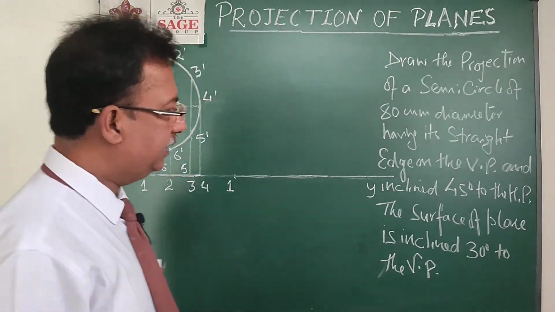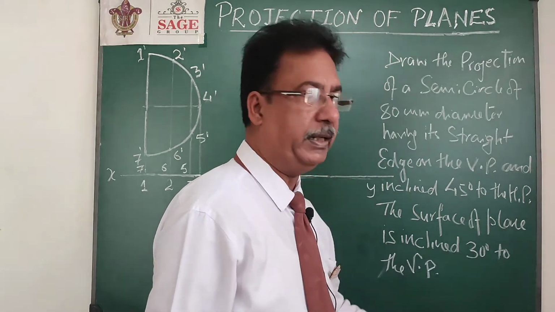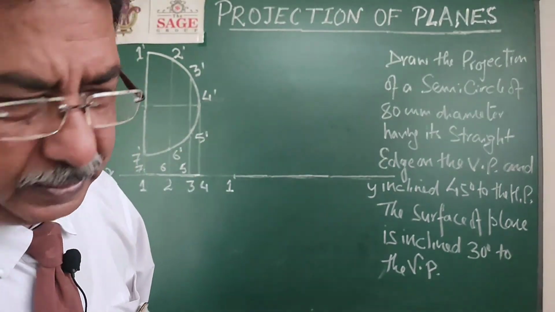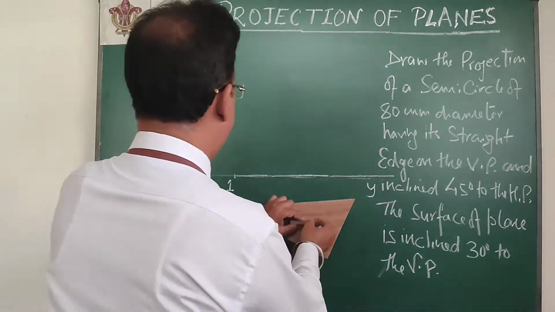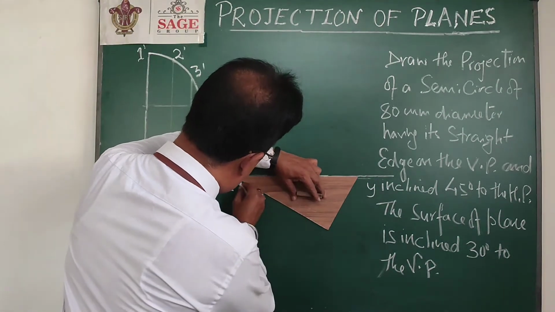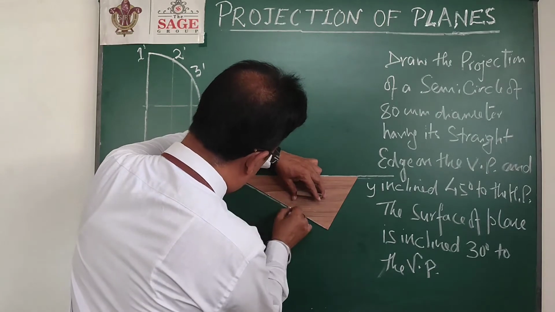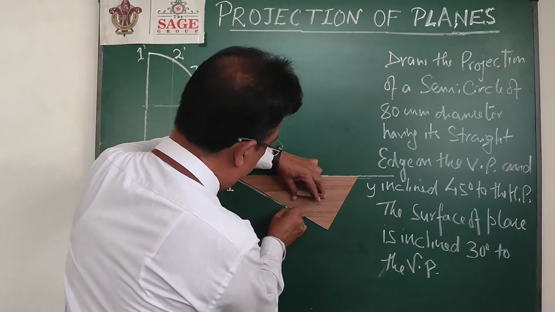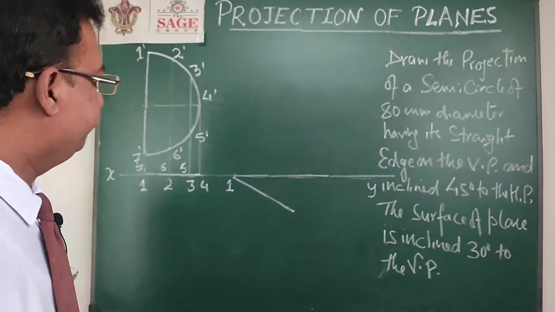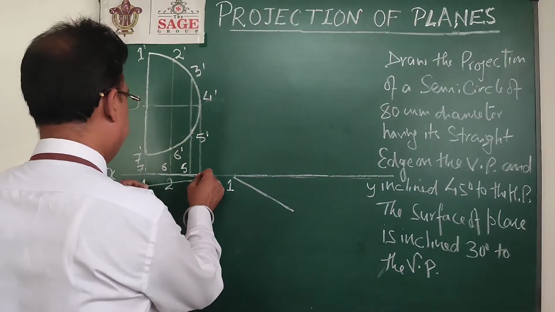Now in the second stage, I am going to make the surface of the plane inclined to VP by some angle, 30 degree. As you know, inclination with the VP will be seen in the top view, so I will make this straight edge in the top view inclined at 30 degree to the reference line, and I will copy this figure from the first one.